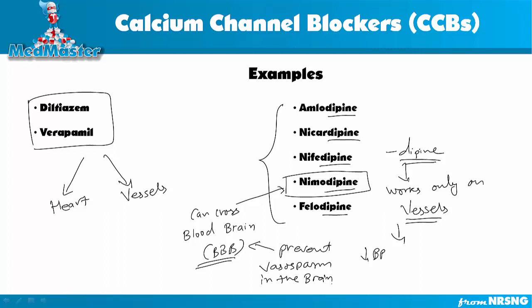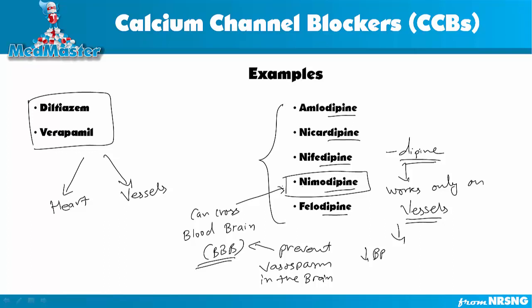You can't give any other calcium channel blocker to prevent vasospasm in the brain because they are not able to cross the blood brain barrier. Nimodipine is the only one that can cross the blood brain barrier and prevent the vasospasm.